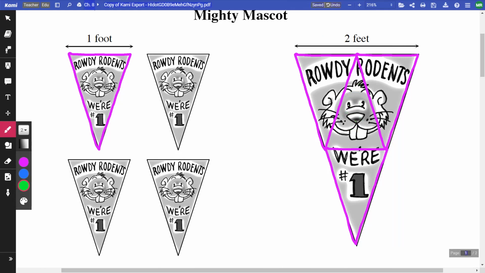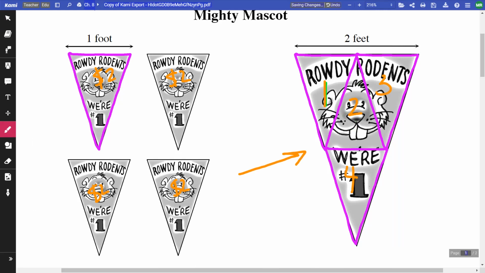So if I count, I have 1, 2, 3, 4 of these. So what that means is if each of these is $2, $2, $2, $2, and it took 4 of them.